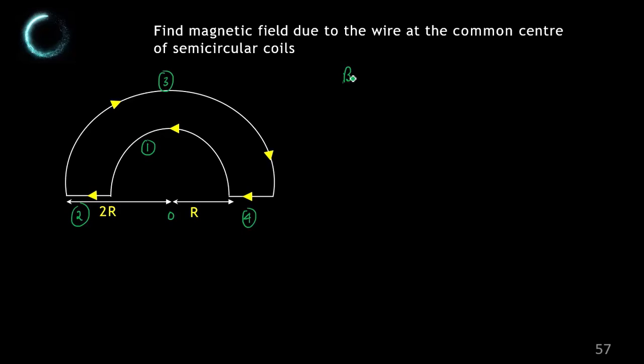So B at point O should be equal to B1 plus B2 plus B3 plus B4. Out of these four, 2 and 4 will be 0. Why? Because 2 and 4 lie on the point O.